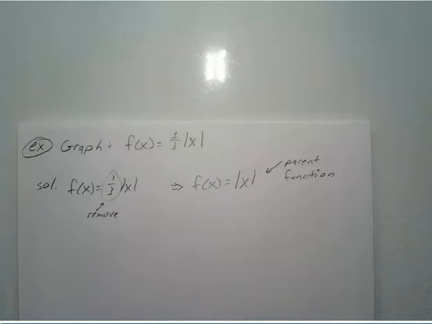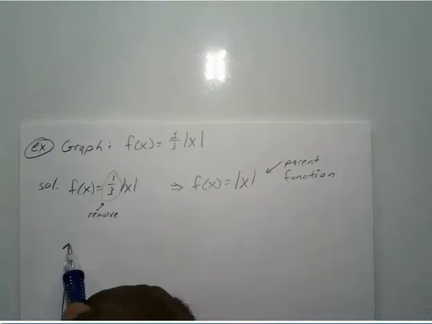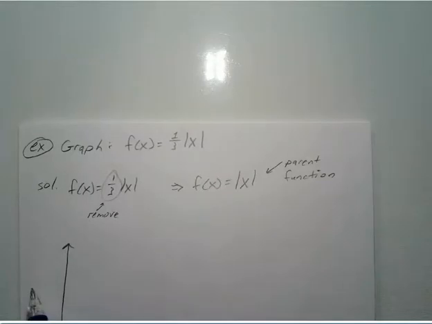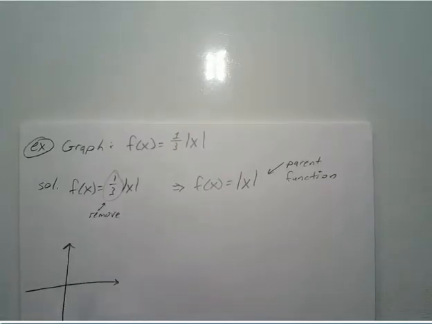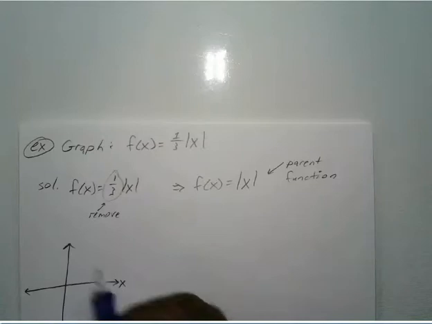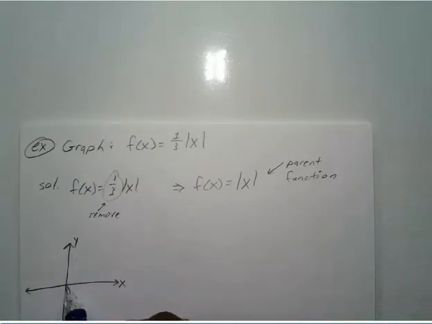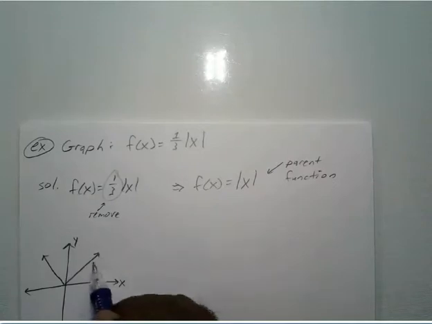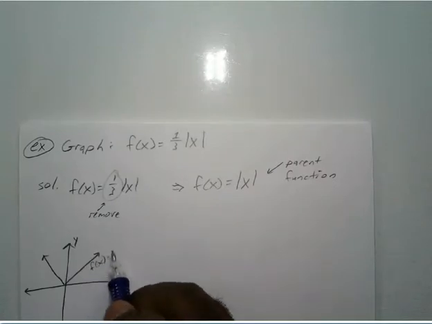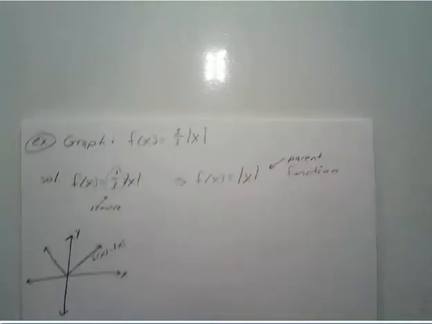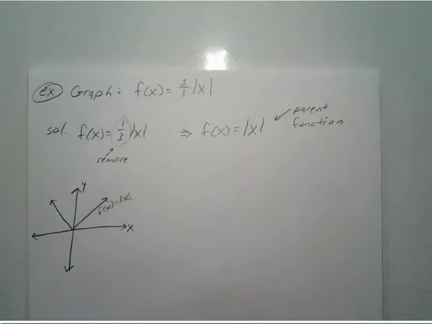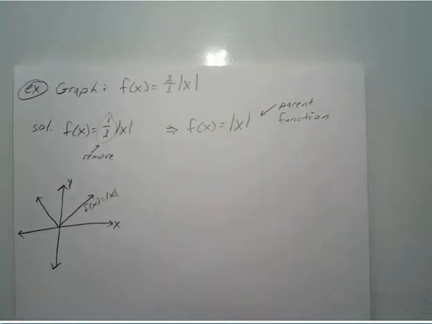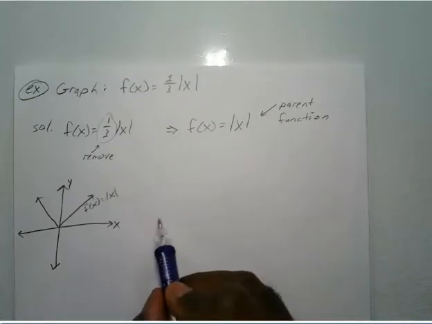Okay, so just like before, we're going to draw our parent function, where we have our x and our y axis, and absolute value of x kind of looks like that. Okay, so we have our parent function.